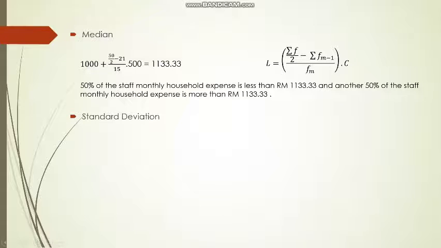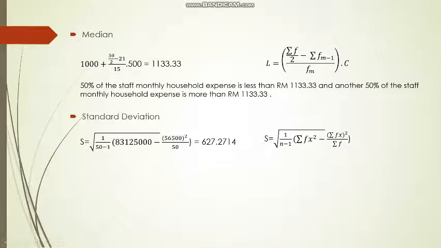1133.33. And for standard deviation, we will follow the formula: s equals square root of 1 over n minus 1, summation fx to the power of 2 minus summation fx to the power of 2 divided by summation f.